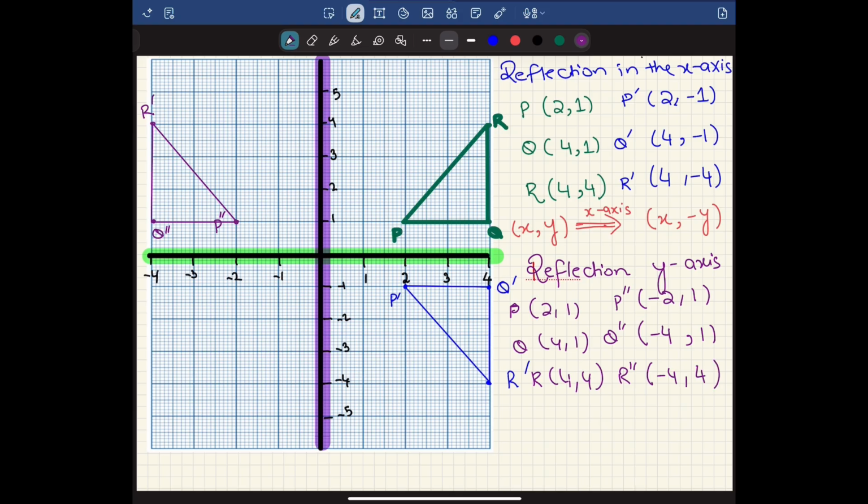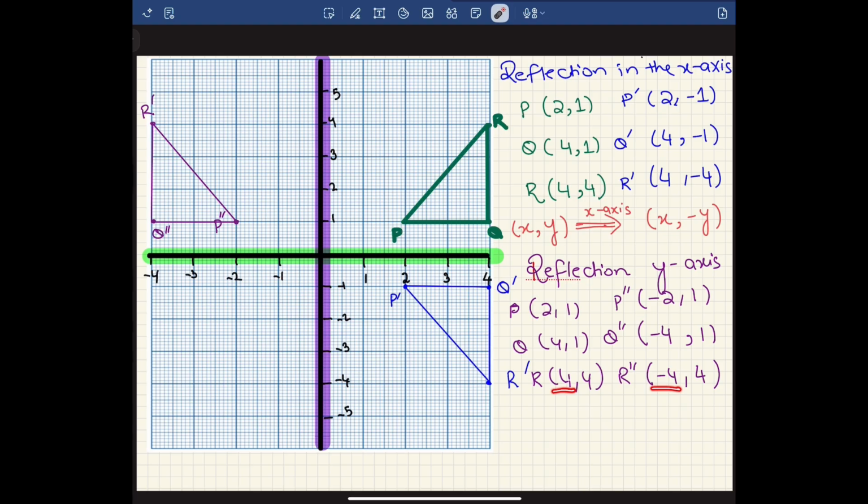Okay, and I hope before even I ask you to figure out the rule here, you've done that already. So let's have a look at the y coordinates, 1, 1, 4, 1, 1, 4. So the y coordinate is the same in this case. And what has happened to the x coordinate? So here we have 2, negative 2, 4, negative 4 as the image point.